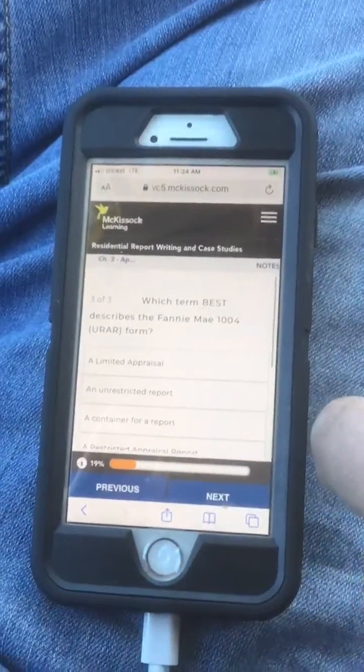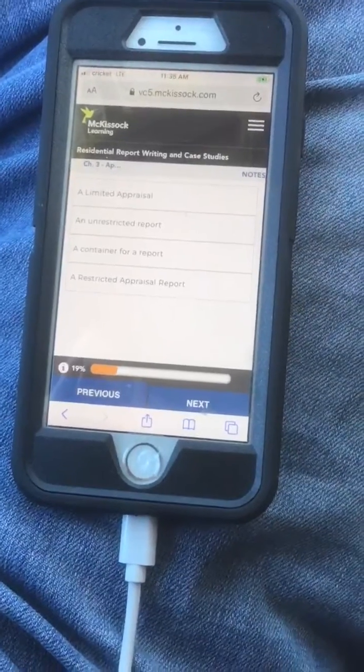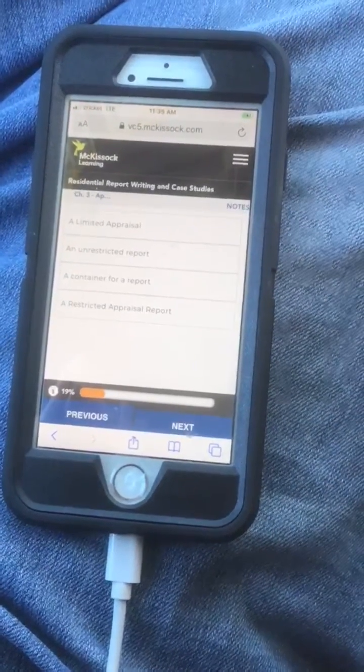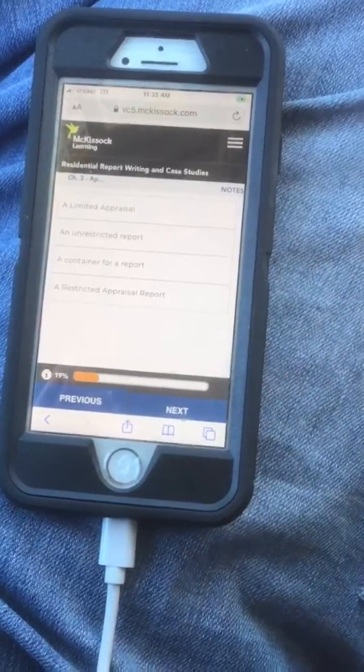Number 3, which term best describes the Fannie Mae 1004 URAR form? A, a limited appraisal. B, an unrestricted report. C, a container for a report.